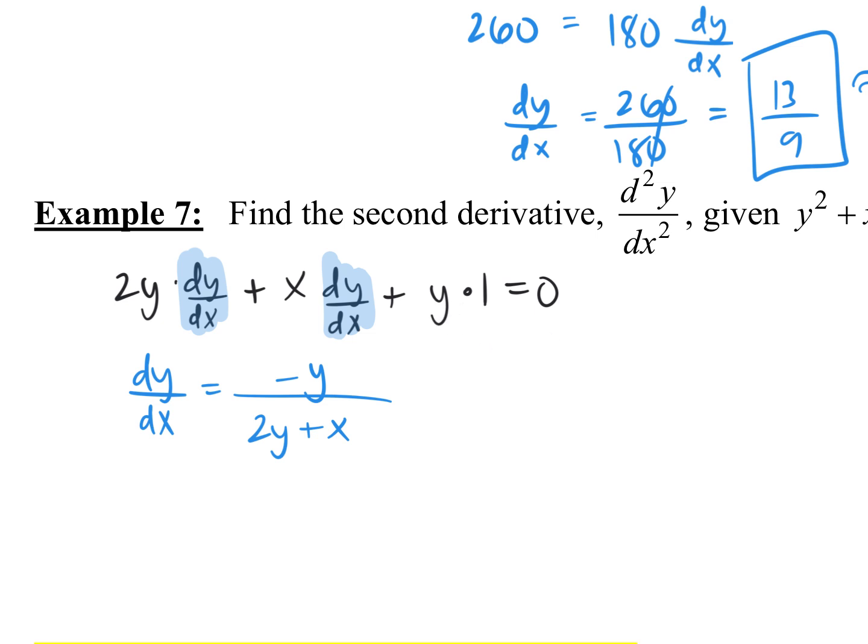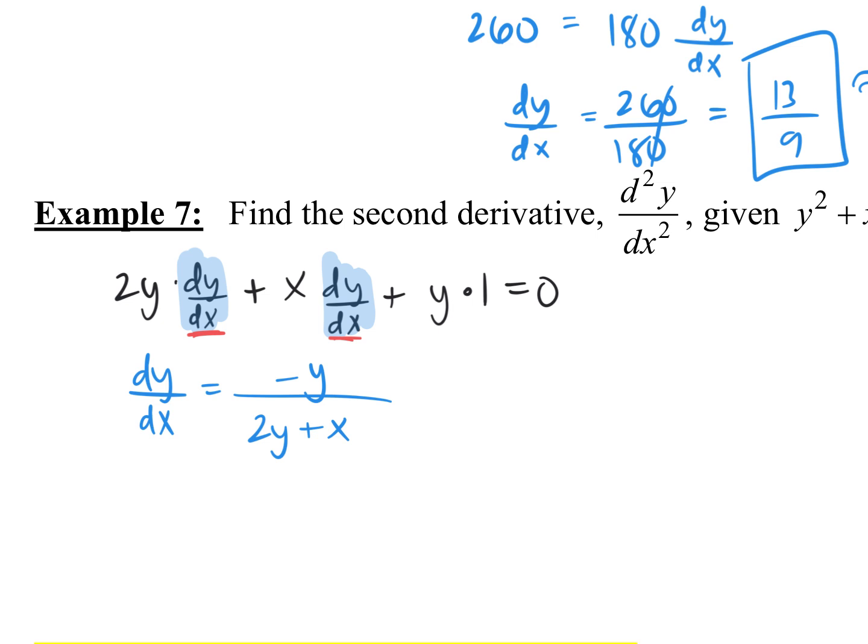And then I factor out this dy/dx from both of those to give me that 2y plus x. I technically factored out, I didn't show a step here, 2y plus x, and that equals negative y, and then I can divide and have dy/dx by itself. Yeah?